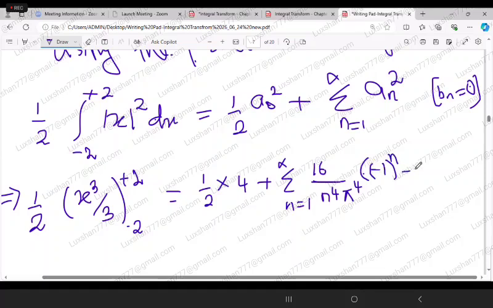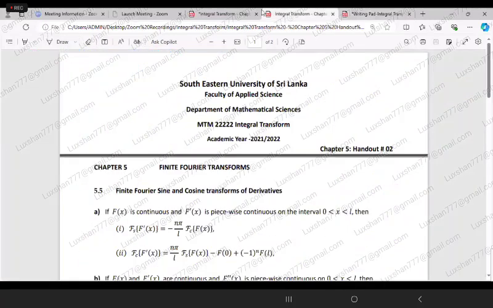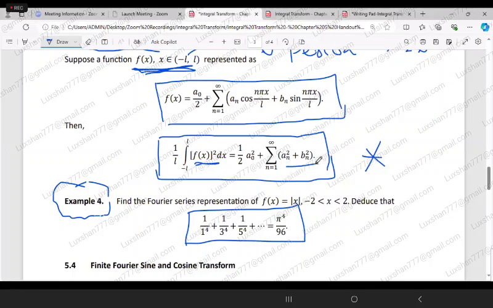Okay, no cos or anything, because in the Parseval identity there is no cos or anything. Only the square of the coefficients. Don't get confused.